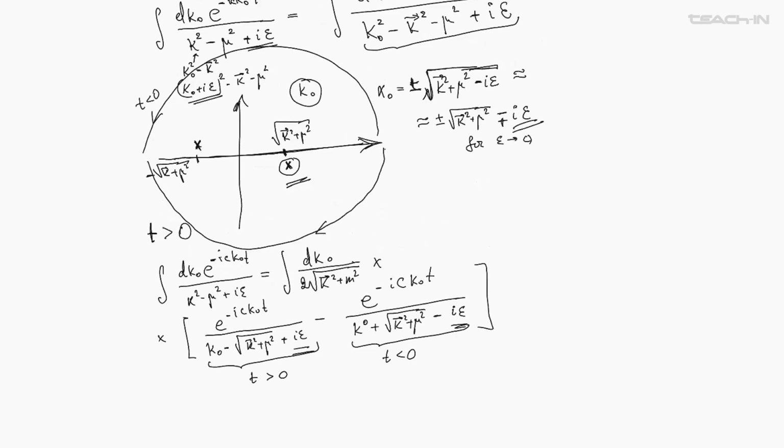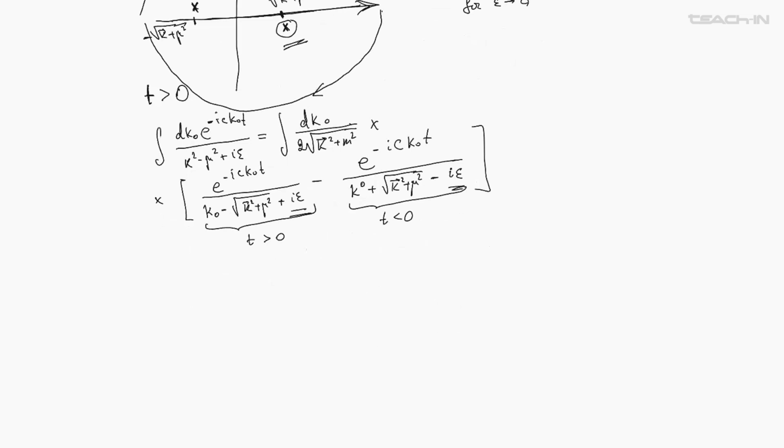Before, you remember, for the retarded Green function, the result was 0 because there was no pole in the upper half plane. But now we do have a pole in the upper half plane, this one.